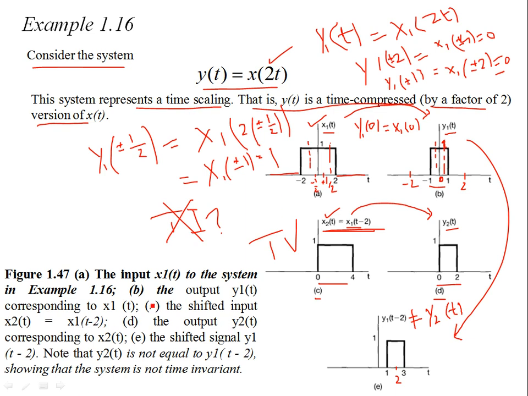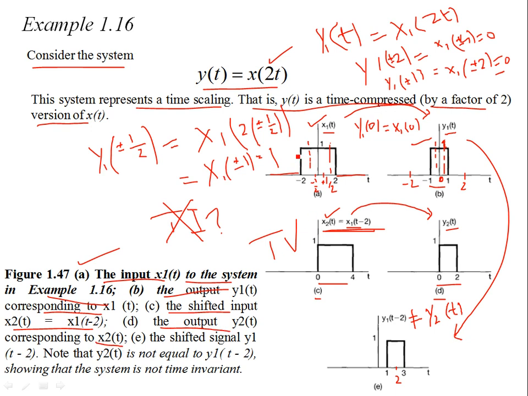So you can read the description over here. The input x1(t) to the system in example 1.16 is shown in these figures. Figure A shows the original x1(t), and the output y1(t) corresponding to x1(t) is the time compression by a factor of 2. Then in part C, you have the shifted input x2(t), and in part D, you have the output y2(t).